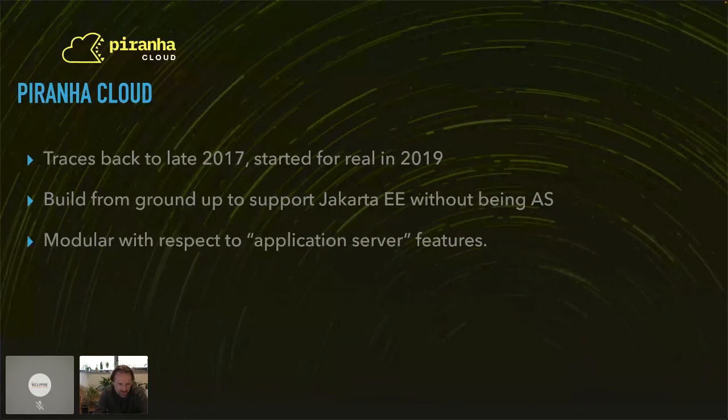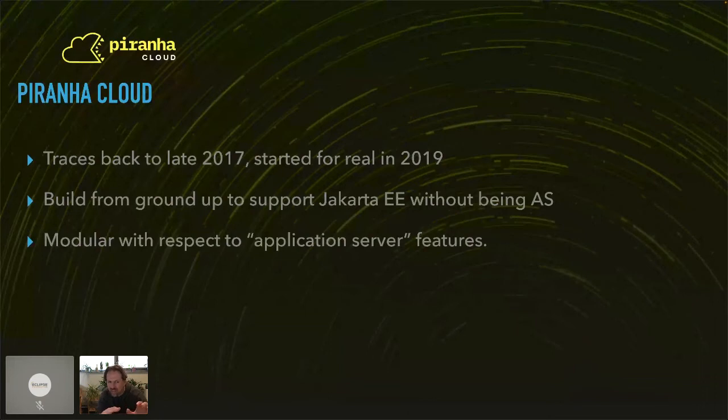And one of the things we focused on is that we wanted to build it up from the ground to support Jakarta EE, but without being the application server. So essentially the most minimal support and still run Jakarta EE applications. Have a very low amount of glue code, a very low amount of service and management code and what have you.